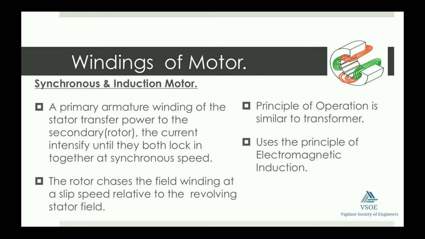So the field is revolving, and the revolving field is creating interaction with the rotor. The rotor builds up a current in it. It creates a magnetic interaction with the stator, and then it tries to catch up to the speed of the stator.